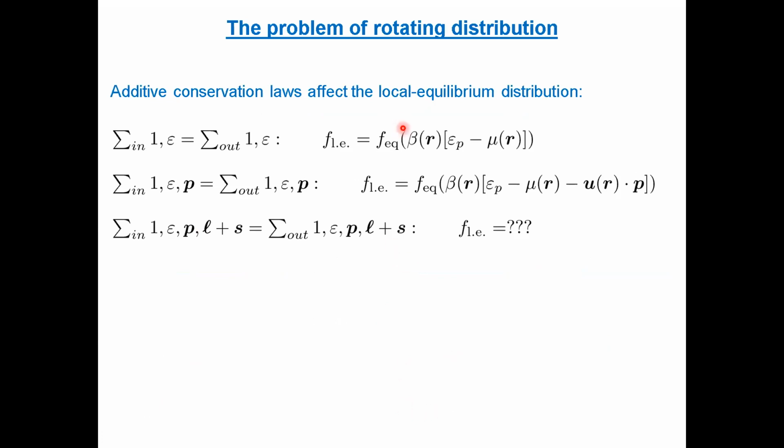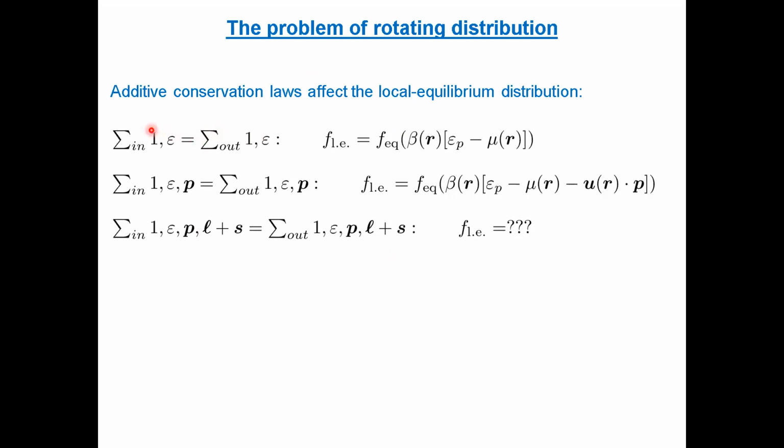Let's think about the general structure of hydrodynamics, how you build it. If there are additive conservation laws in your system, they affect the way the local equilibrium distribution looks. And that's your starting point for building the hydrodynamic equations.